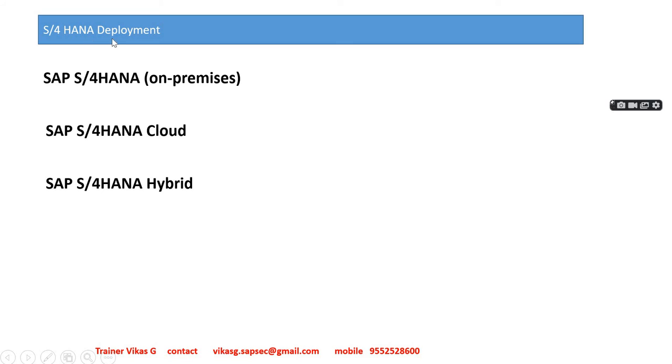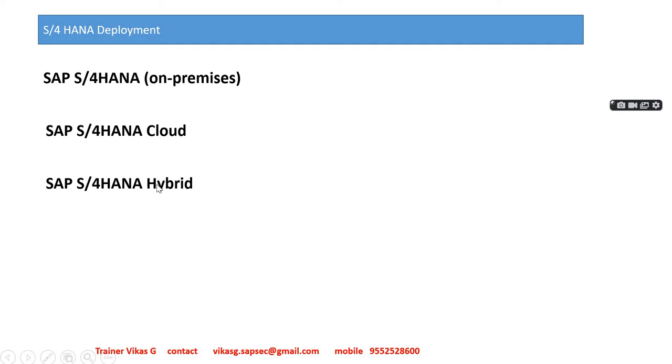So, deployment wise, these are the deployment methods. We can deploy SAP S4 HANA on the client machine itself, or we can use cloud providers, like Amazon Cloud, use the SAP S4 HANA cloud version, and utilize that software for our company requirements. Or we can use SAP S4 HANA in a hybrid way.